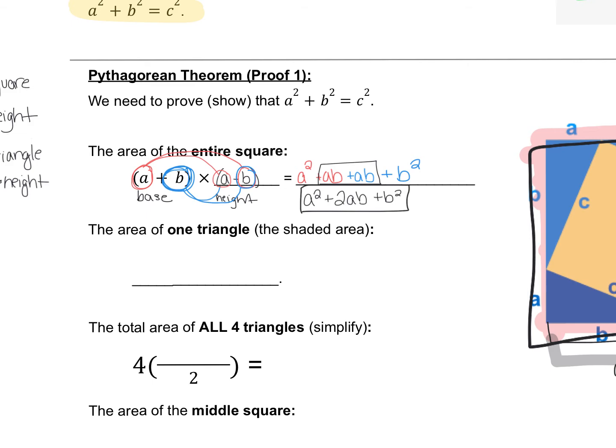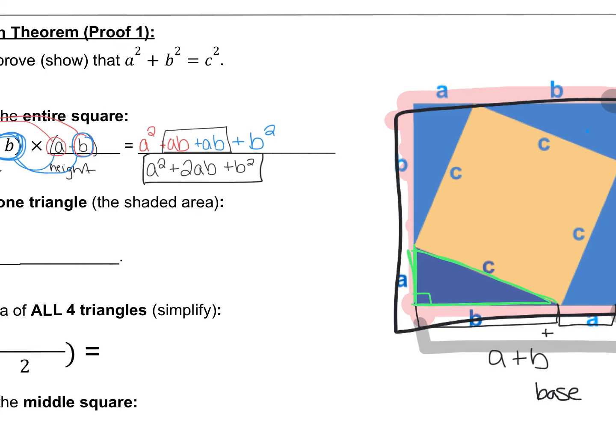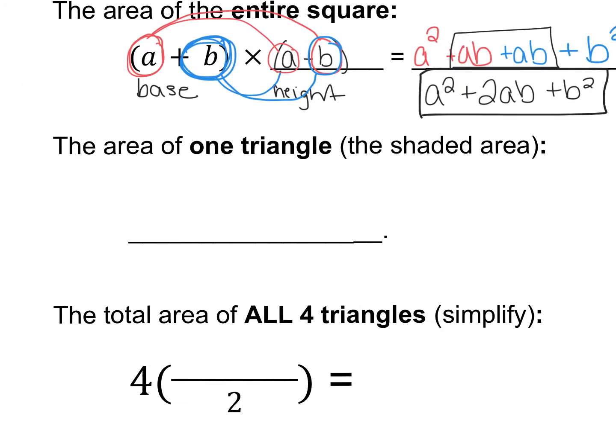Now I need to find the area of one triangle. I'm going to do this one in green, and I'm going to use this triangle down here. I'm going to outline it. It is a right triangle because the corners of my square are always 90 degrees. So I know to find the area of a triangle, I need to do 1/2 times the base times the height.